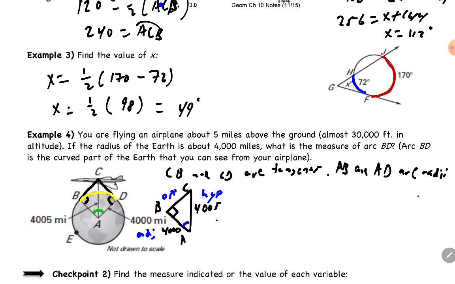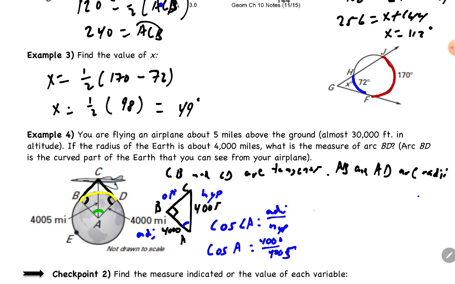But since we're looking for the angle, we're going to use inverse cosine. Or let's go back up a step. Cosine of angle A is equal to adjacent over hypotenuse, so cosine of A is equal to 4,000 over 4,005.